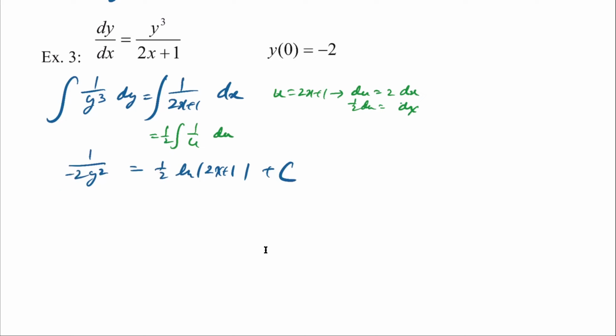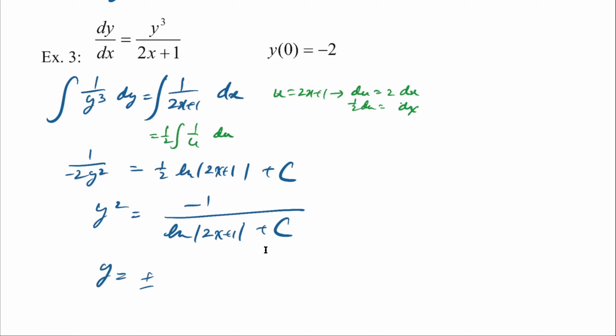And then what we end up with is y squared is equal to negative 1 over ln of absolute value 2x plus 1 plus c over here. So the y is actually plus or minus the square root of 1 over negative 1 ln of absolute value 2x plus 1 plus c.